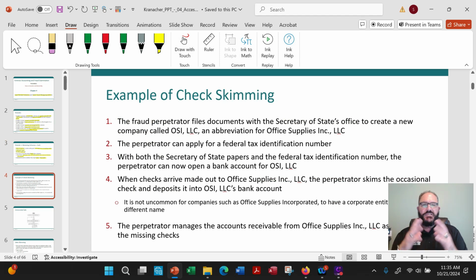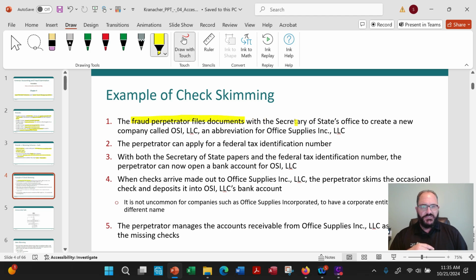All right, so here's an example of what somebody would do. The fraud perpetrator files documents with the Secretary of State for OSI LLC, an abbreviation of an actual company, Office Supplies Inc. They can get a federal tax ID number, then open a bank account. When checks arrive made out to Office Supplies Inc., the legitimate company, the perpetrator deposits them into this bank account.